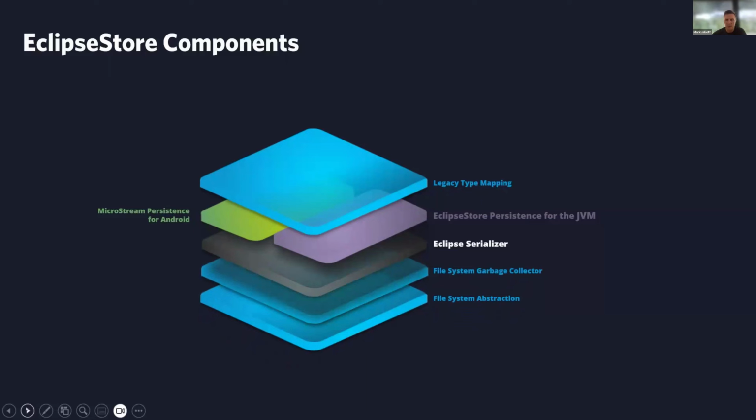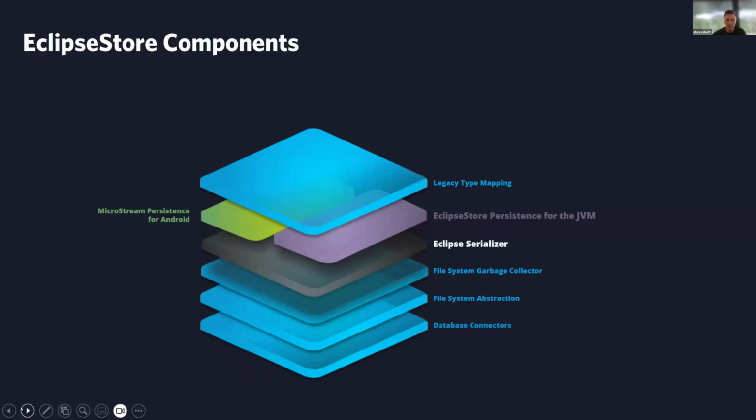File system abstraction. This allows you to choose your storage target freely. So your storage can be everywhere, in the cloud, on mounted volumes, in an S3 bucket, whatever can store binary data. And this is the reason why we also provide database connectors.